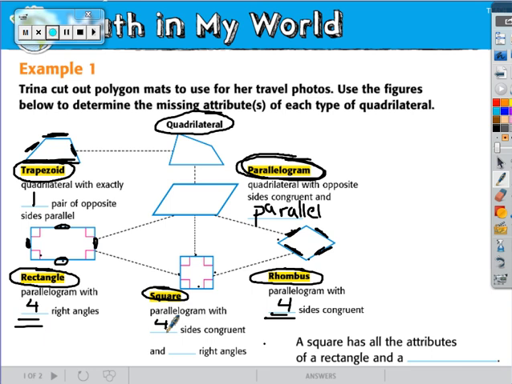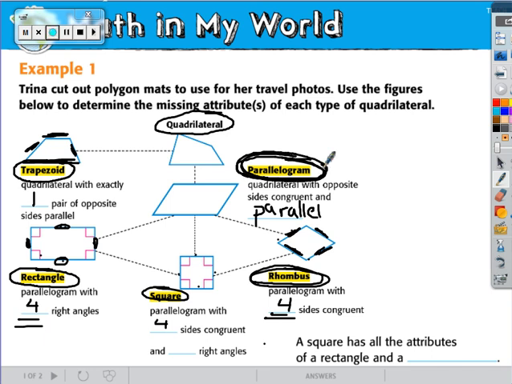Let's not guess today, please. What is the other shape that has 4 sides that are the same length? A rhombus. So a square is also a what? A rhombus.